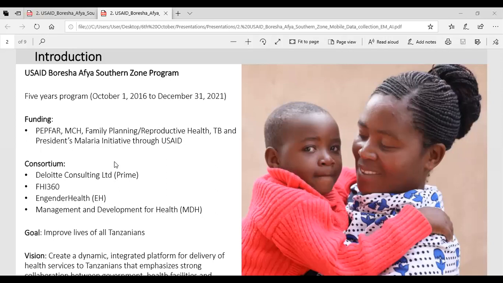The program also runs as a consortium with Deloitte Consulting as the prime and FHI 360, Jhpiego and Management and Development for Health. Our goal is to improve lives of Tanzanians. And also part of our vision is to create a dynamic and integrated platform in order to deliver health services to Tanzanians.